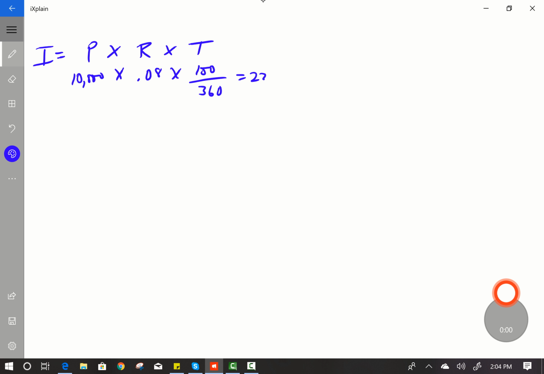Okay, $222.22. That's the amount of interest right there. I'm going to subtract that interest of $222.22 from the amount of my partial payment of $4,000.